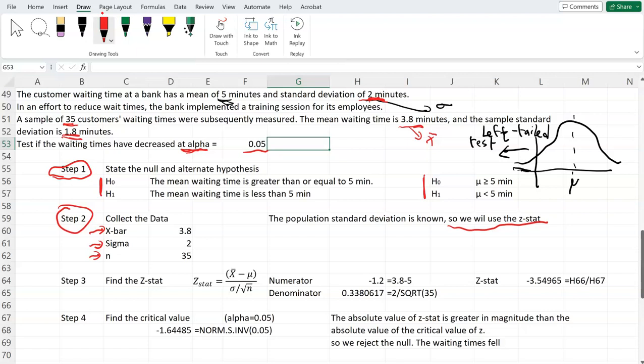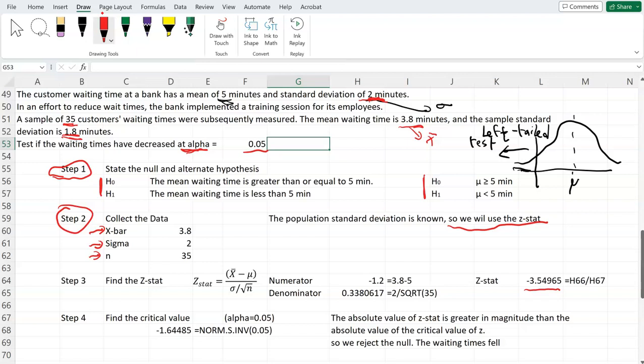My numerator is going to be 3.8 minus 5. The denominator is 2 divided by the square root of 35. And I find that my z-stat comes out to be negative 3.54. So the first three steps are going to be the same no matter what level of alpha we use to evaluate our hypothesis.